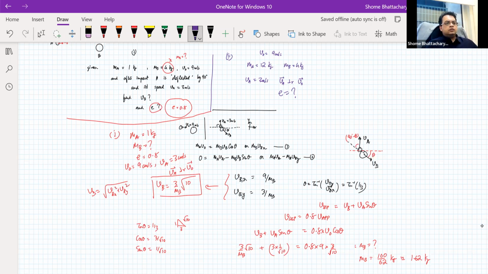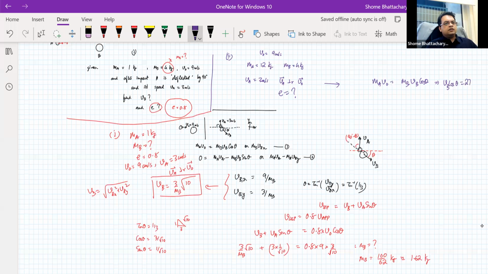Okay, so in this case, you will see that the conservation equations will give us that MA V naught is equal to MB VB cos theta. So this will give us that VB cos theta, or VBX, is how much? It is 12 by 4, that is 3 times V naught.